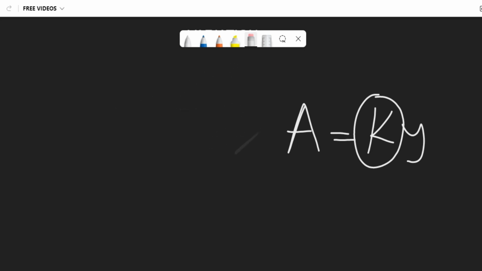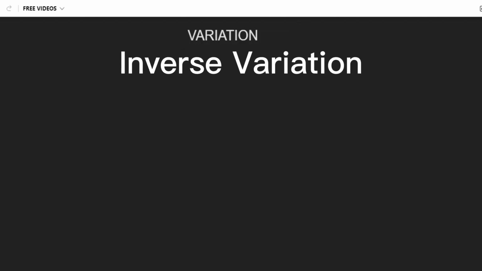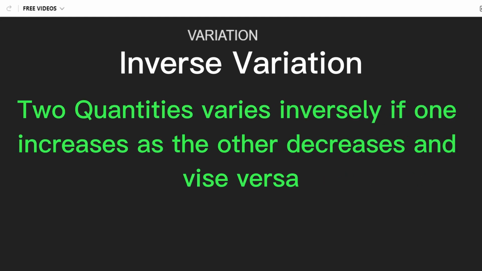Now, the next term we want to look at is the inverse variation. When we talk of inverse variation, we are also talking about two quantities. But this time around, the two quantities vary inversely, with one increasing as the other decreases. While the other decreases, the first value will do what? Increase.